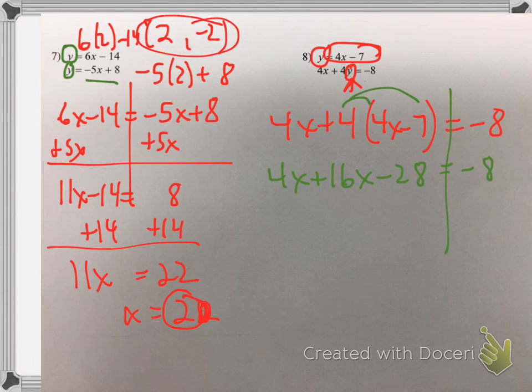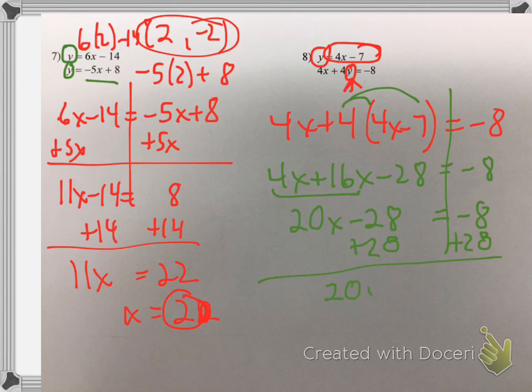Most important thing right here is combining like terms. 20x - 28 = -8, plus 28. Sorry, that's an 8. I'm writing too fast. 20x = 20, divided by 20, x = 1.